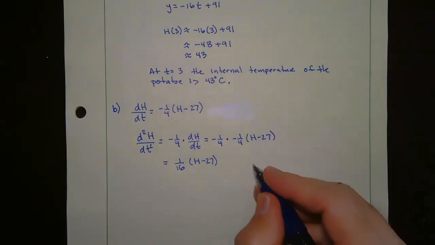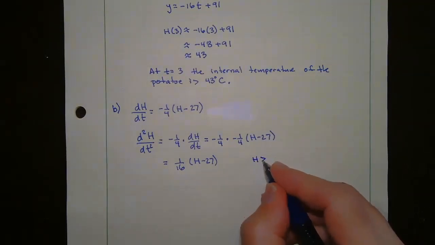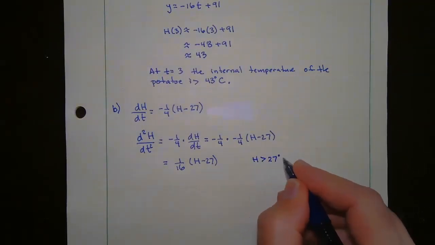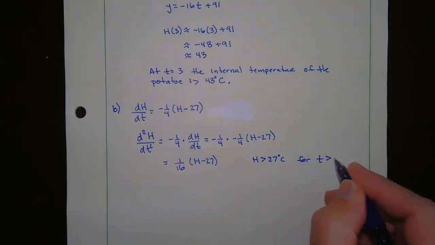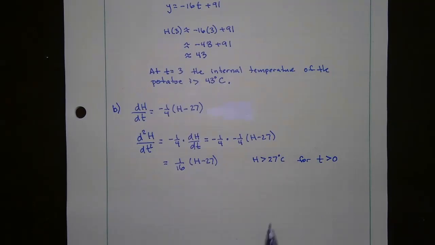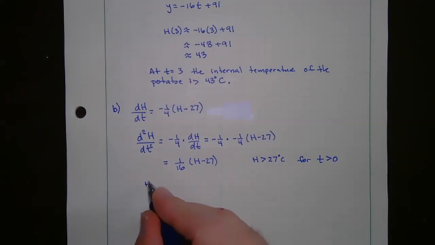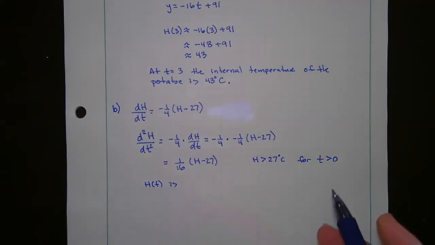So back here we could say h is greater than 27 degrees Celsius for t greater than 0. What does that mean? That means this is always going to be positive, right? So on this interval, h of t is concave up because the second derivative is positive, okay? So h of t is going to be concave up for all t values, okay?